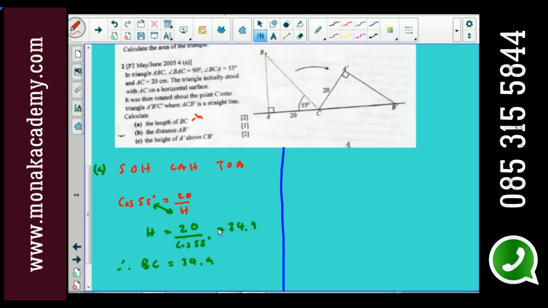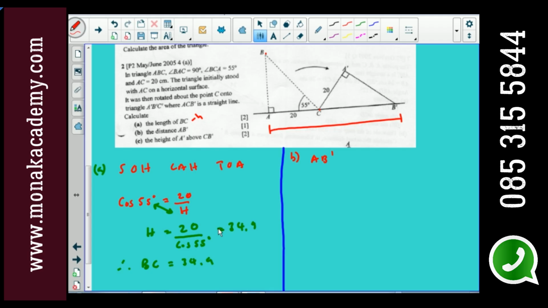Question B. Question B wants the distance A to B complement. Right? A to B complement is from here all the way to there. A to B complement.